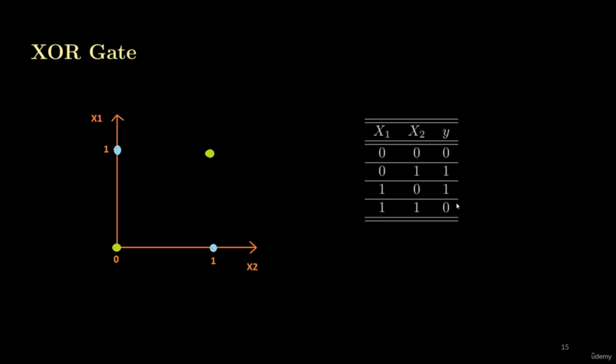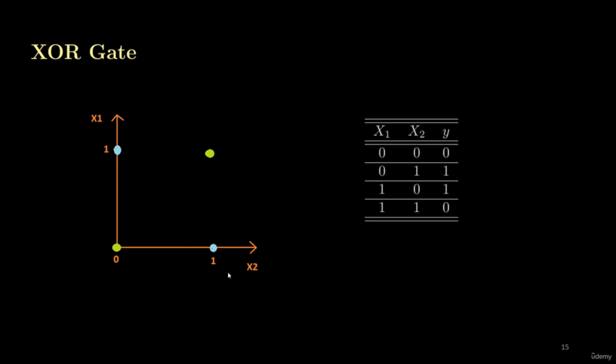Now, these 4 data samples are equally divided between two classes, that is 0 and 1. Those data samples which belong to class 0 are represented here by green color, and those represented with the light blue color belong to class 1.